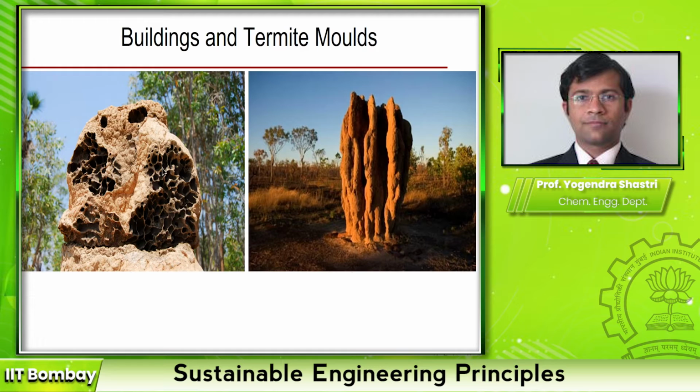So you will see that there are these tubes. These are essentially channels that run across the height of the mound. And the current hypothesis, based on the CFD studies that have been done, and some of these studies have been published in academic literature, is that because of the channels that exist along the height of the mound, the air is able to circulate.